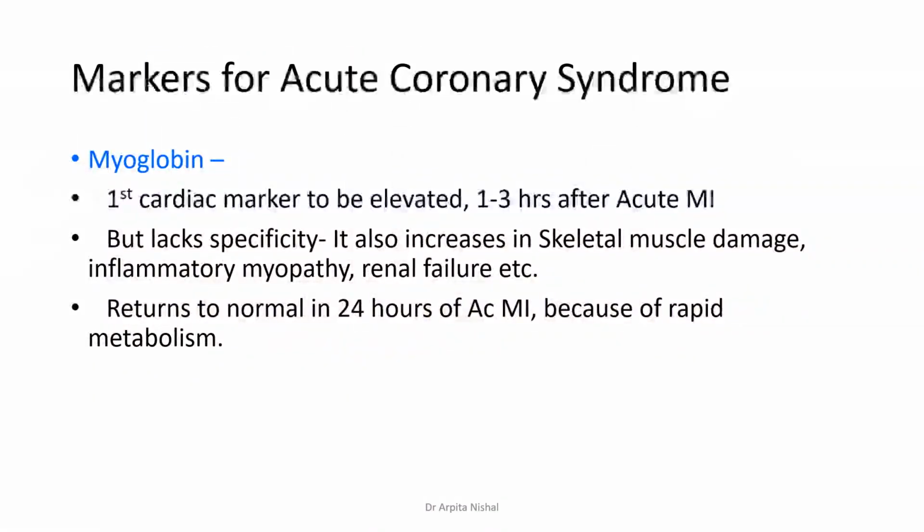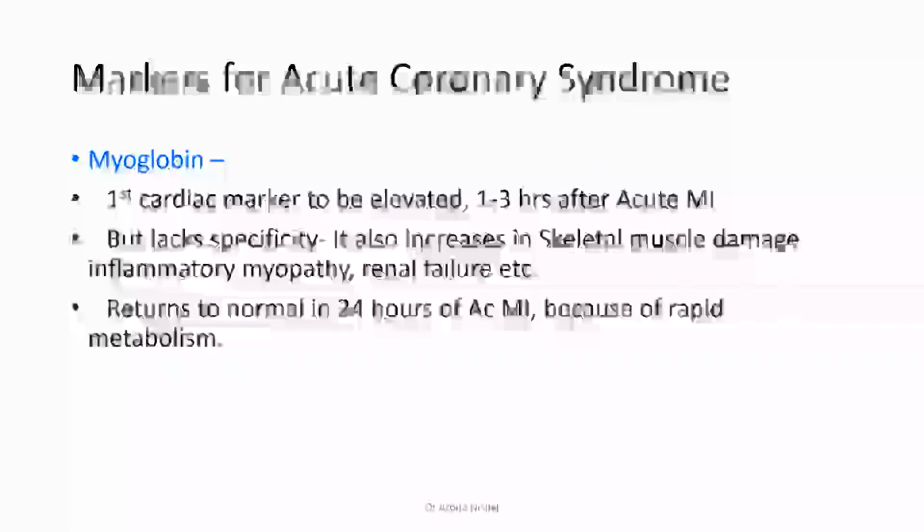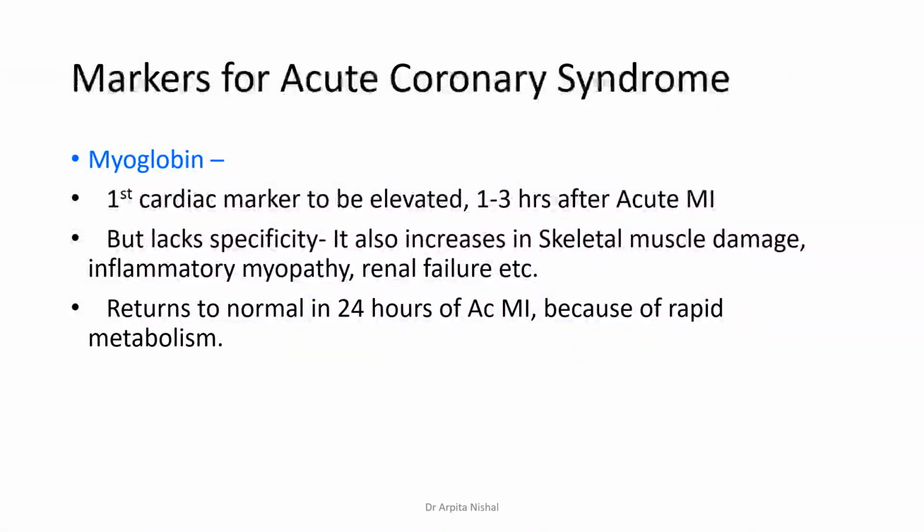So markers for acute coronary syndrome. First we talk about myoglobin. Myoglobin is a small heme protein, as you all know. It is the earliest or the first marker to rise. It rises within 1 to 3 hours after acute MI episode, and it returns to normal in 24 hours because it is rapidly metabolized.